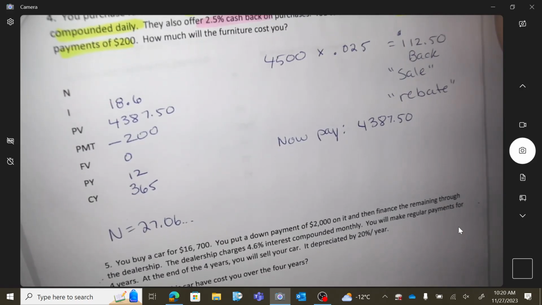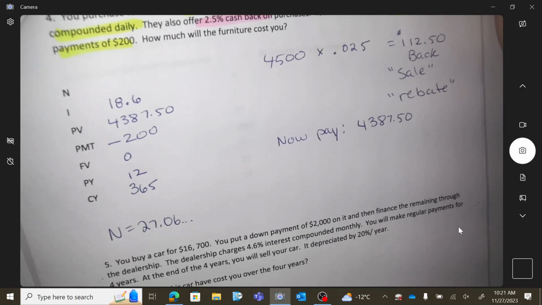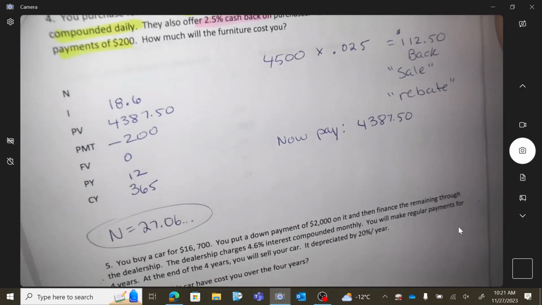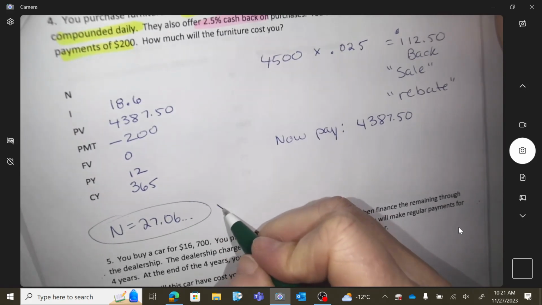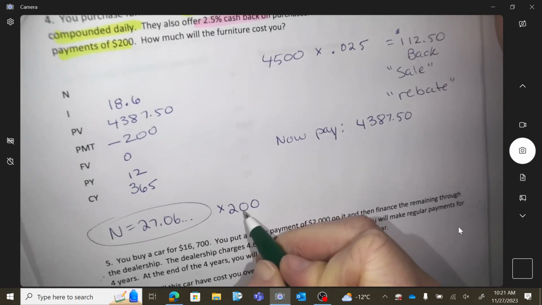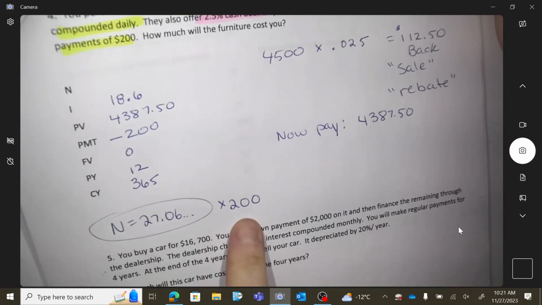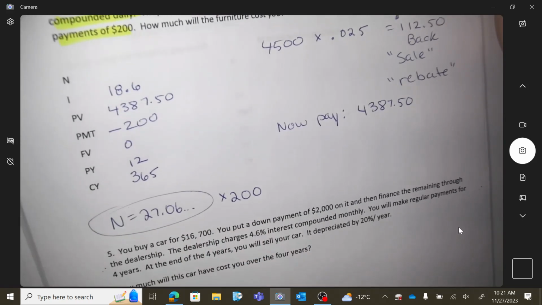$27 and change, matching. Okay, so how much would this cost me? So I'm going to do a $200 payment that many times. The $200 payment that many times.